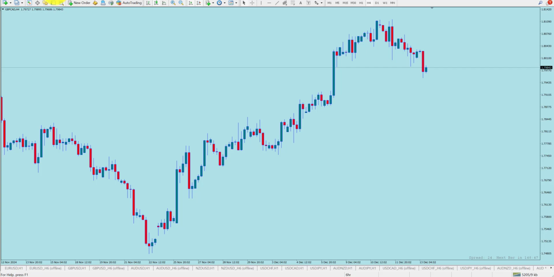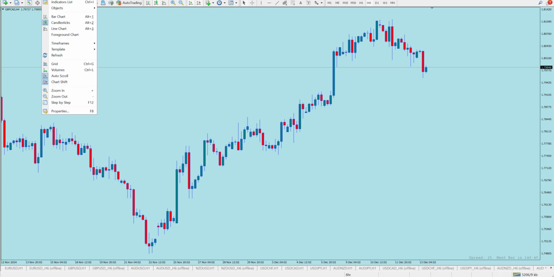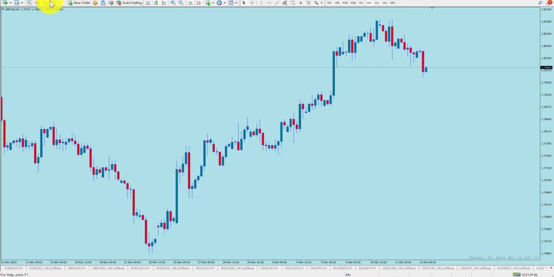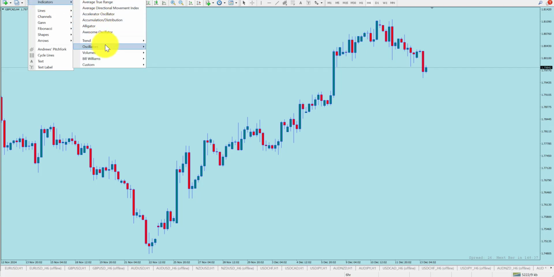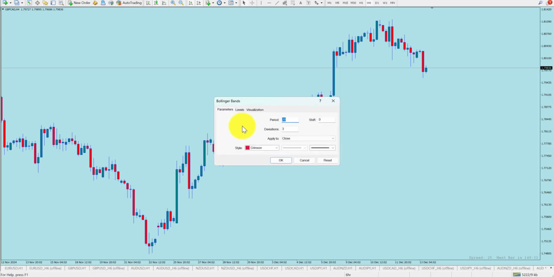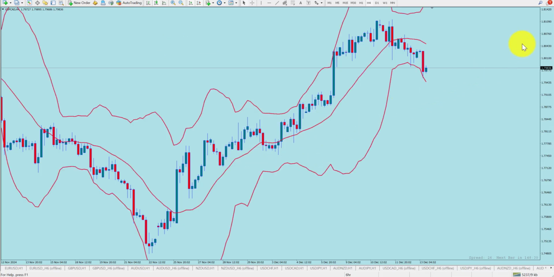Okay, so this is the pound CAD, and are the numbers still bullish? They are. So I would only be looking for long trades here. Right.